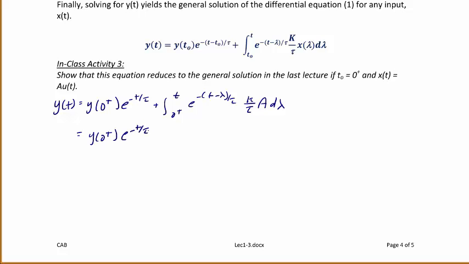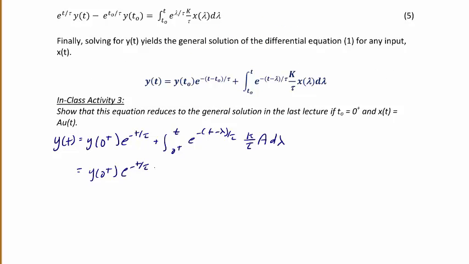So the next step is we're going to evaluate the integral: y of 0 plus e to the negative t over tau plus, and now we're going to factor out ka over tau and e to the negative t over tau. So left in the integral, we have the integral from 0 plus to t, e to the lambda over tau d lambda. So the next step, we're going to actually find the integral.